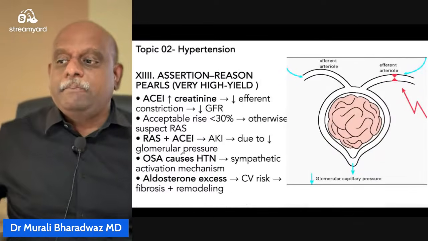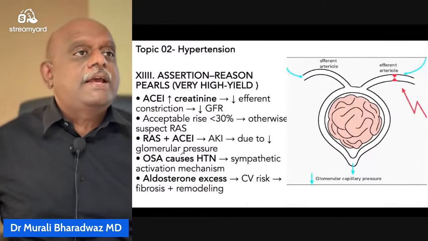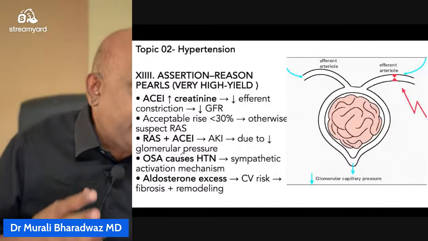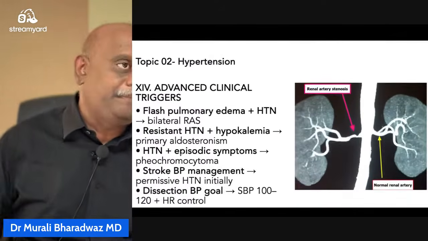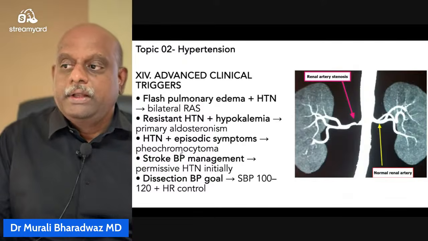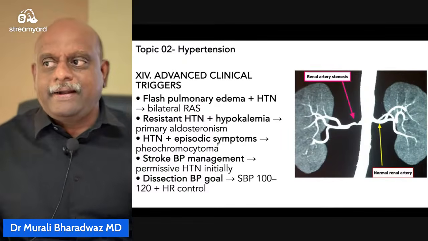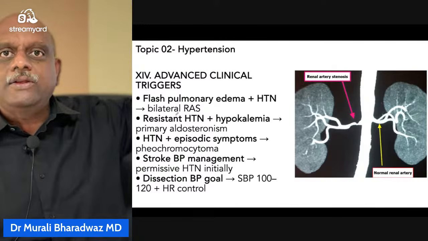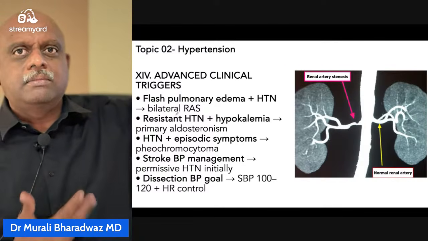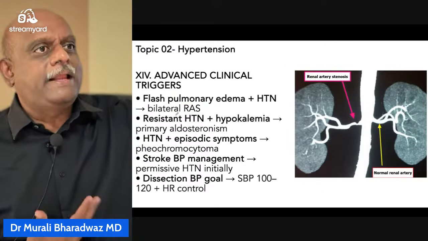So, few important points you need to know. OSA, obstructive sleep apnea, leads to hypertension because of the sympathetic activation, is what you need to remember. Now, there are certain important triggers that you need to keep in mind. Any hypertensive patient suddenly in the night develops shortness of breath.